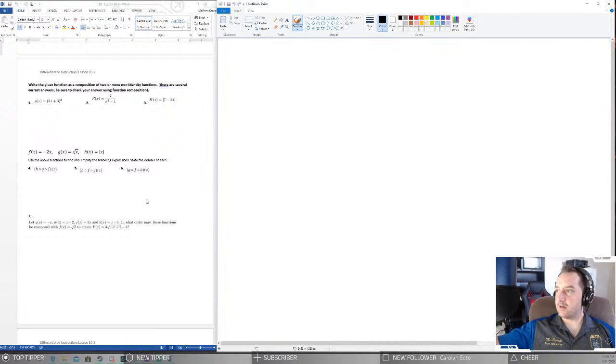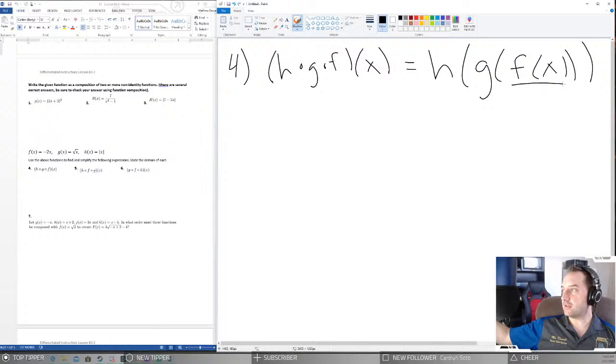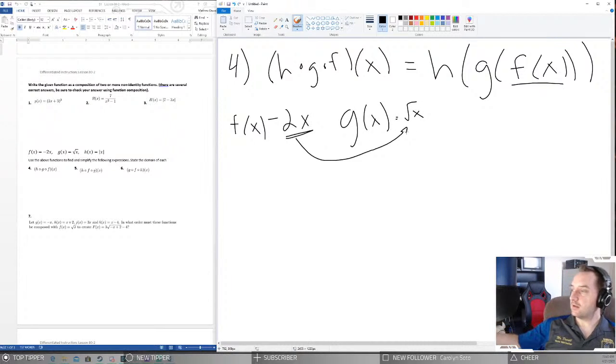Let's look at number 4. So we have h of g of f. The way that we're going to visualize this is h of g of f of x. So my f function's getting plugged into g, and then that's getting plugged into h. If I plug my f function into g, so my f function is this, my g function is this, I'm going to plug this into here, so that's going to give me the square root of negative 2x.